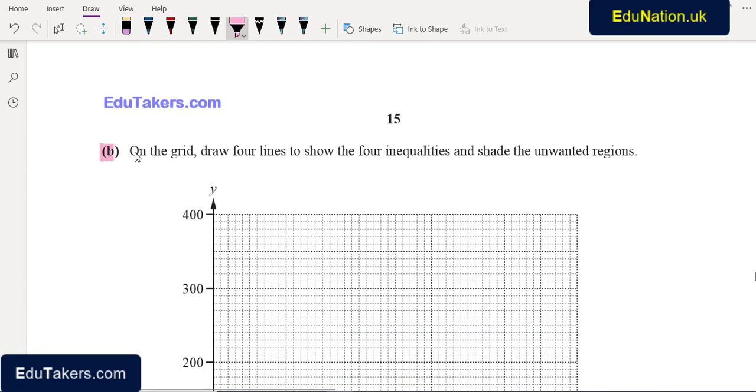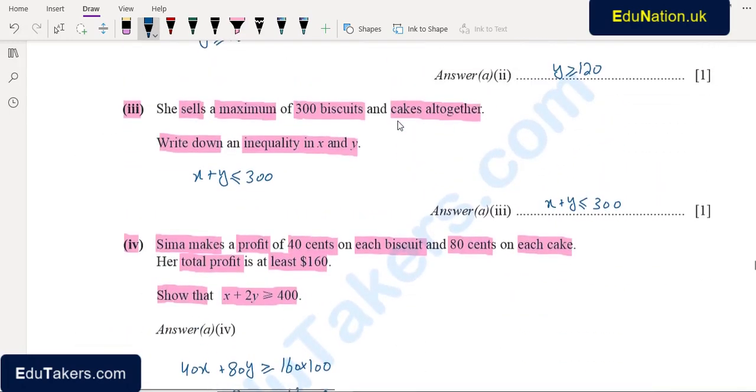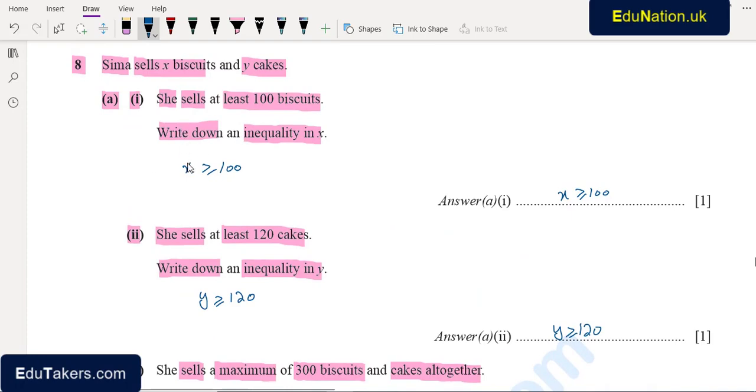Part B. On the grid, draw 4 lines to show the 4 inequalities and shade the unwanted regions. First inequality is x is greater than or equal to 100.